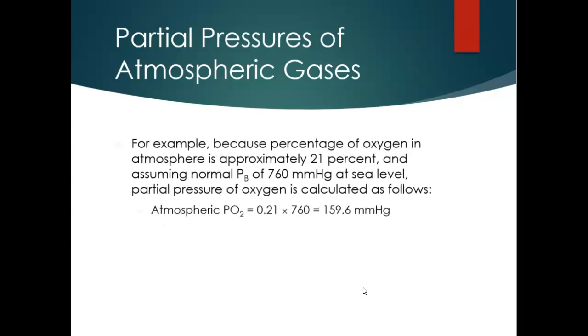We did this again last semester, but given an example, at sea level, where the barometric pressure is 760, and our concentration of oxygen is 21%, then my partial pressure of oxygen can be calculated out to about 159.6.